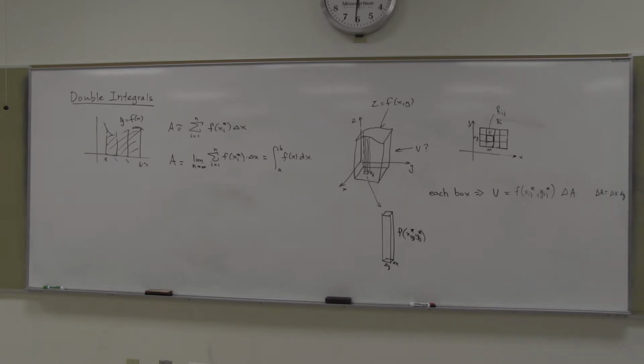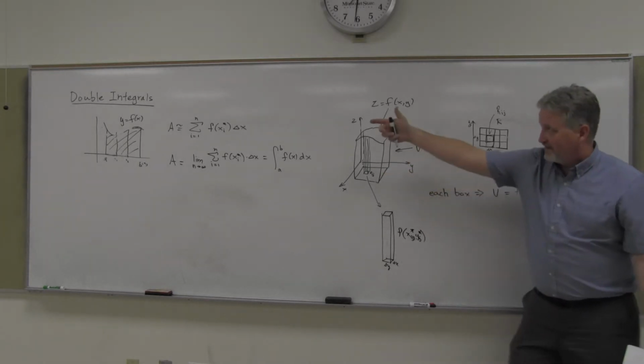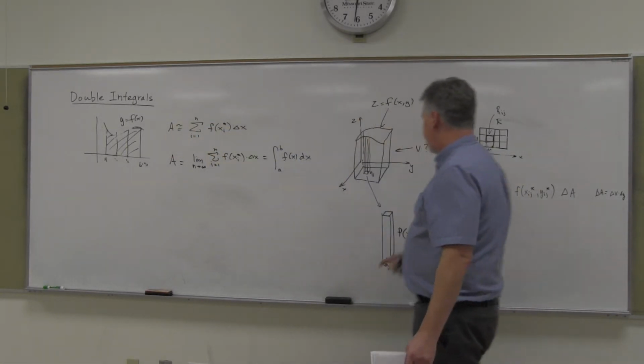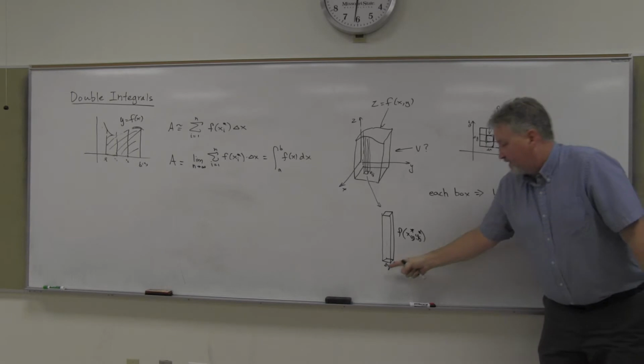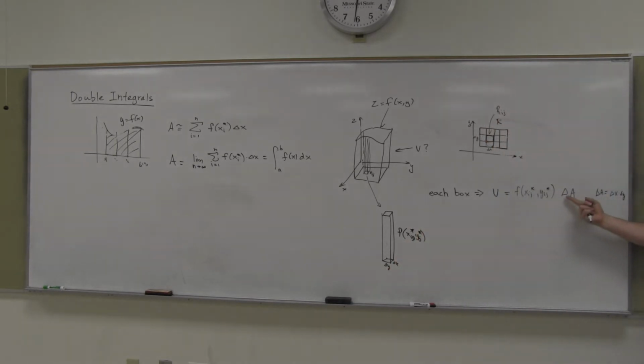We'll talk more about that later on, but anyway, it sort of makes sense. The volume of each of those boxes is just like it was over here. The area of these is your function value times delta x. Well, here you got to do volume, so you got to do delta x times delta y times the function value. Delta x times delta y, we're going to notate as delta A. So that's each box.